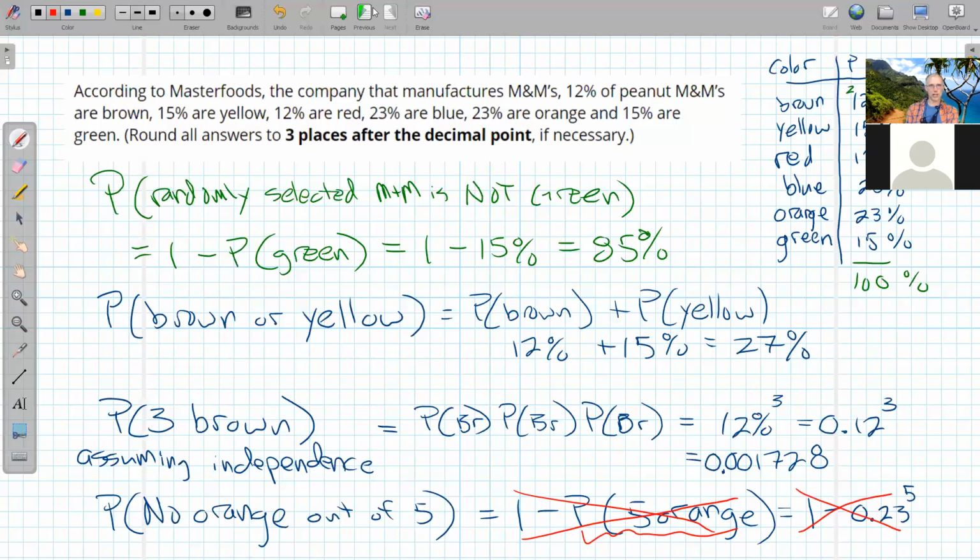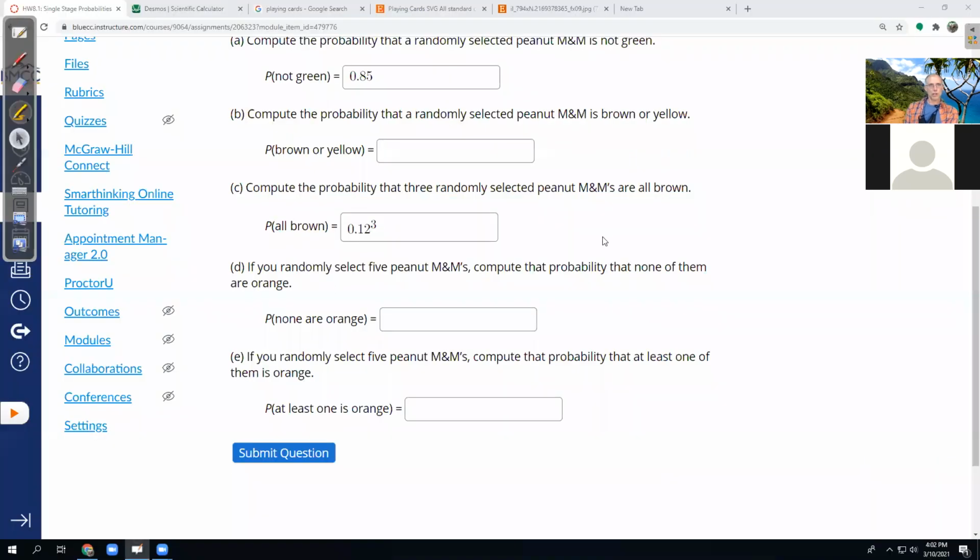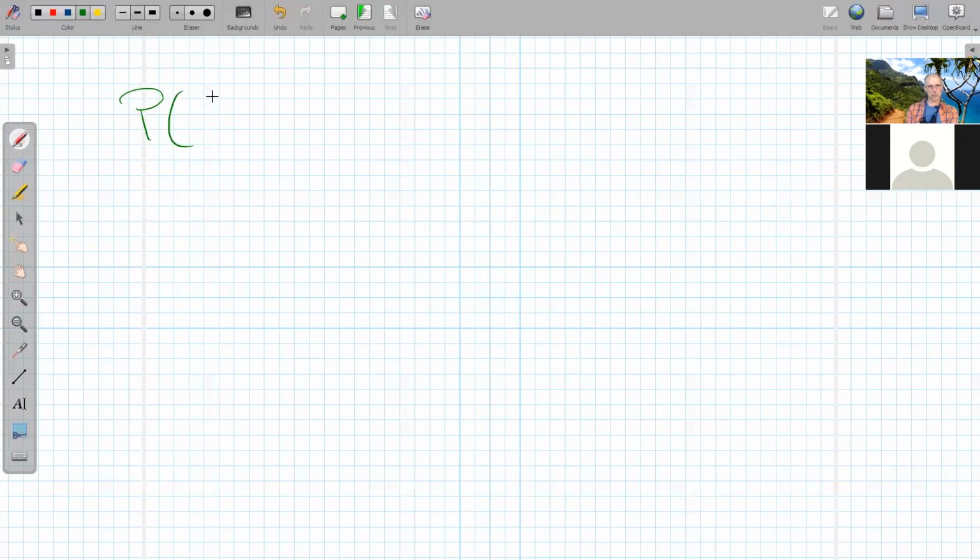All right, so let's rethink that. Probability, make sure I read that right. If you randomly select 5 peanut M&Ms and compute the probability that none of them are orange. Okay. Yeah, so my first go at that would have definitely been wrong.